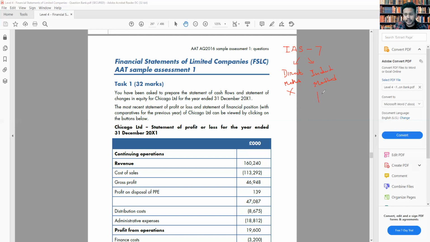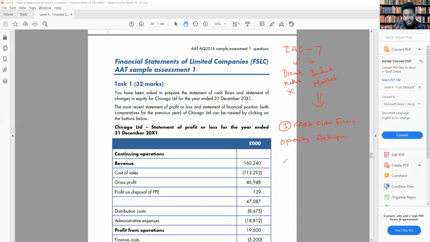Under the indirect method, we have three things that we have to know. The first thing we have to know is cash flow from operating activities.